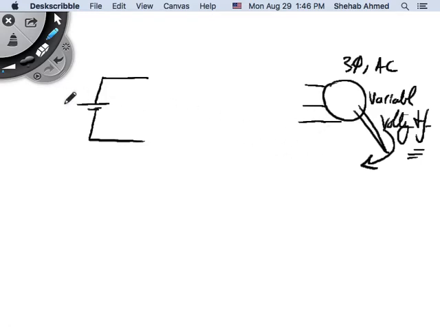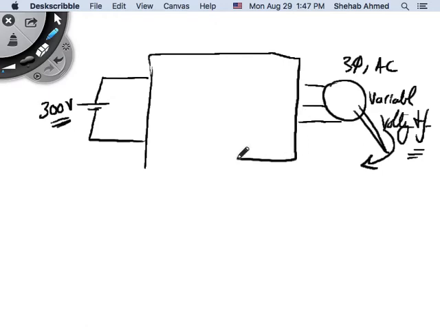And this is typically a battery bank. I'm not 100% sure yet, but I think the battery bank of the Tesla is about 300 volts. So what do you do here? You will use an inverter. So it's an inverter, also called a DC to AC inverter. So it's a DC AC converter, or we call it an inverter sometimes.